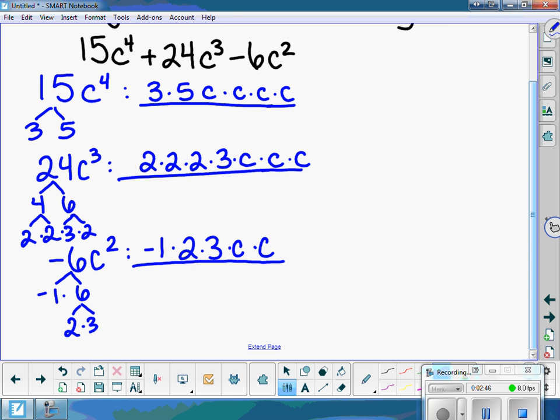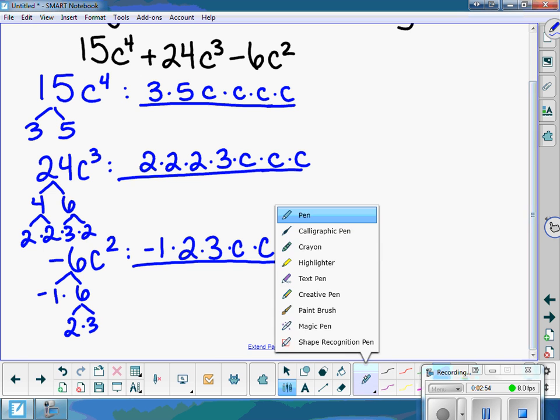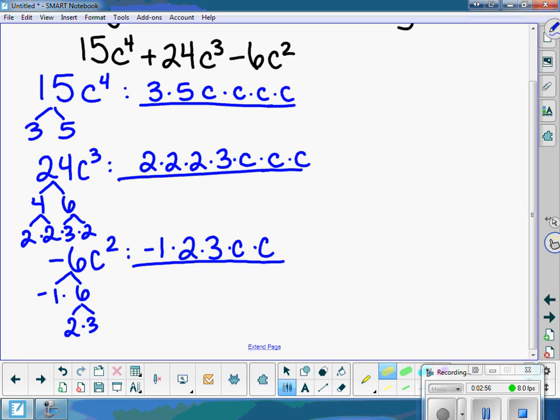All right, we look at all of those numbers and all those variables, and we figure out what is in common on each line. If we look at each line, we see a 3 on every single line. We do see a variable c on every single line. But there's one more c, and every other line also has another c.